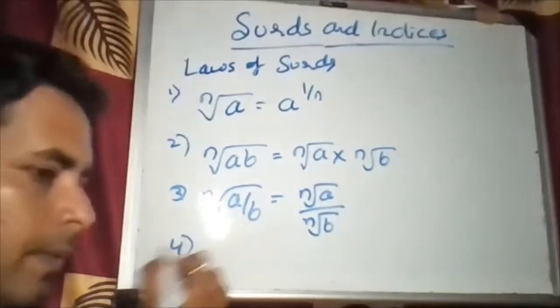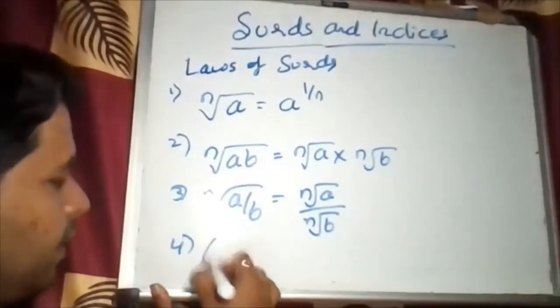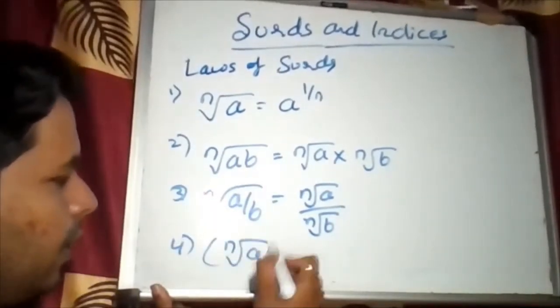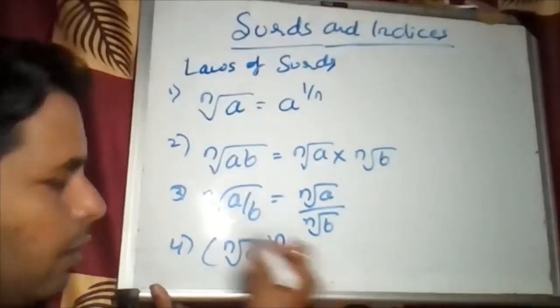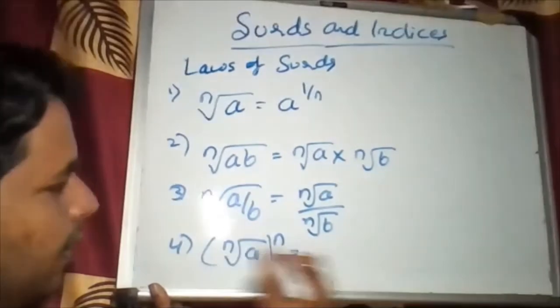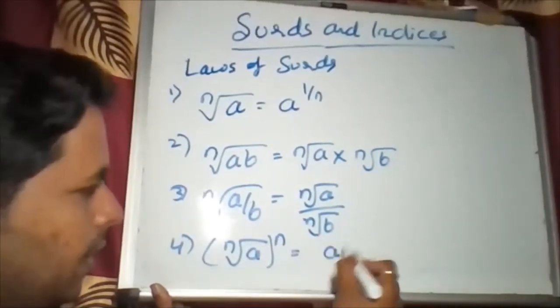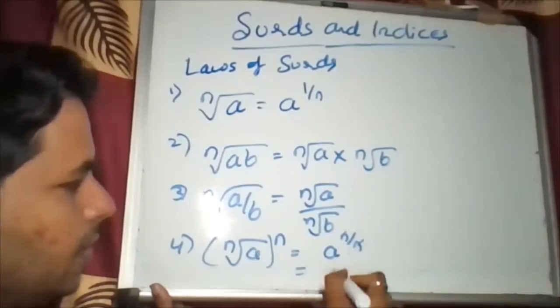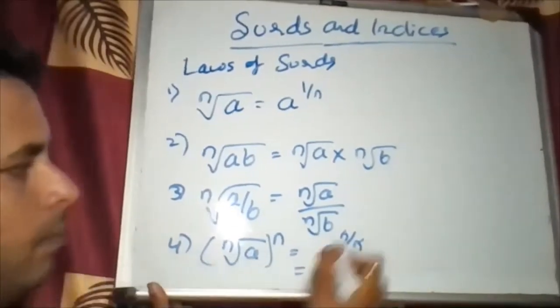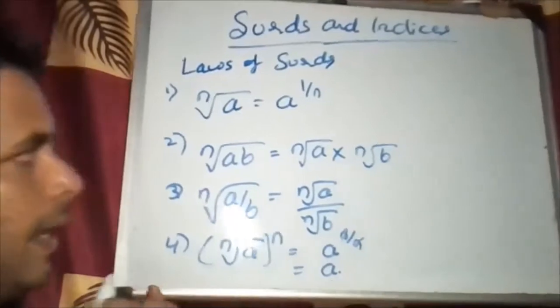And the fourth one is, if it is nth root of a raised to n, you will get n and n cancelled, because it can be written as n by n, so both will get cancelled, and you get the answer as a only.